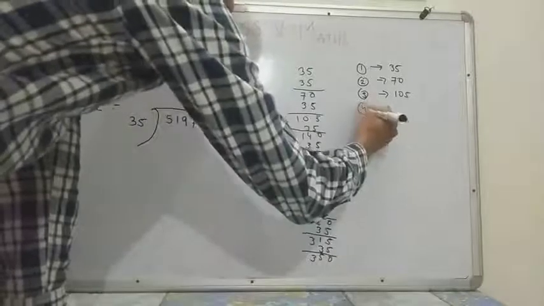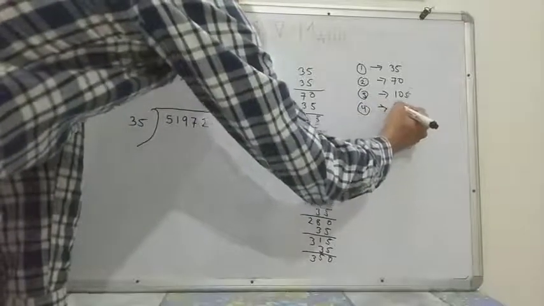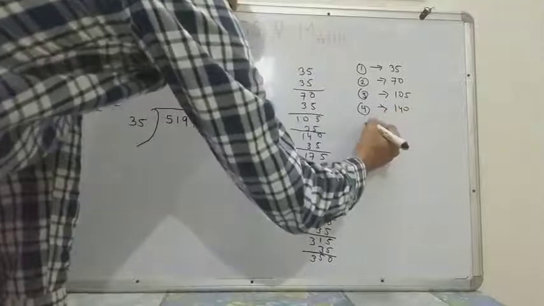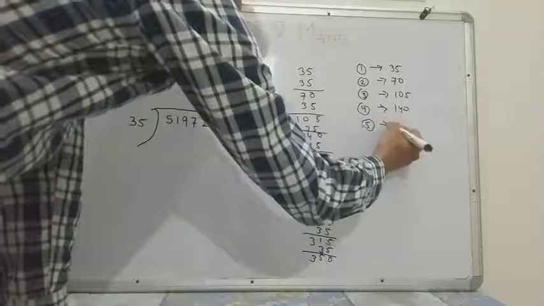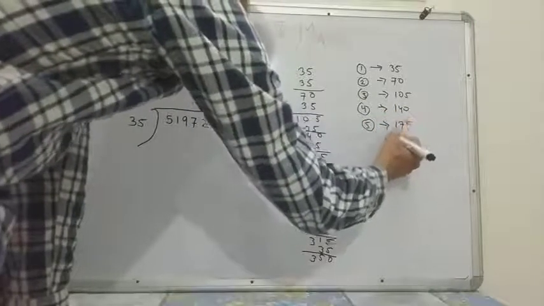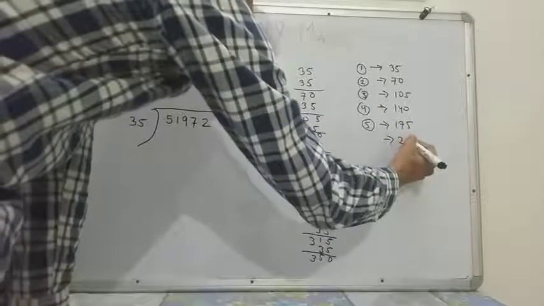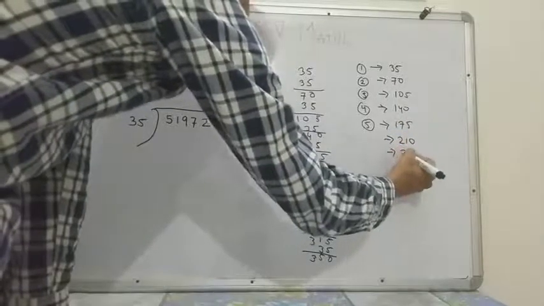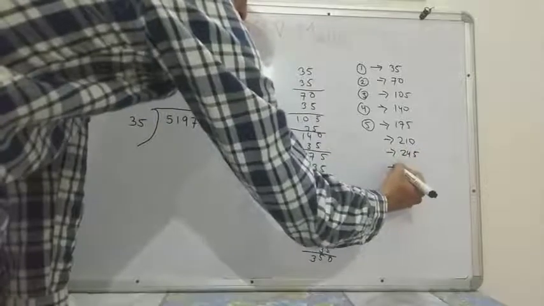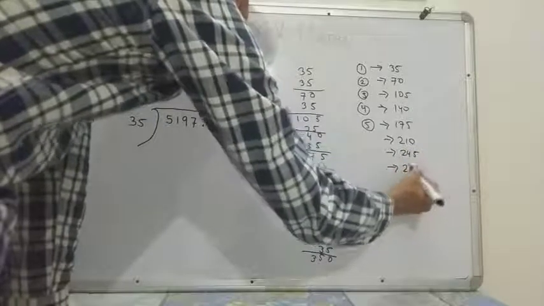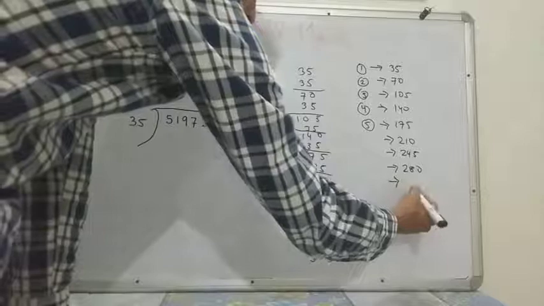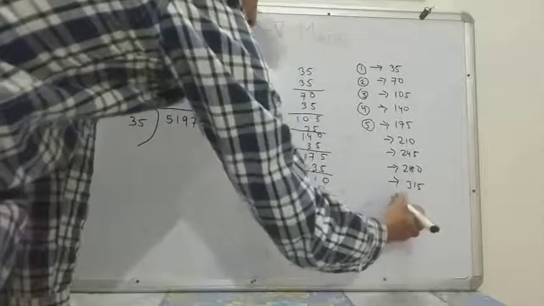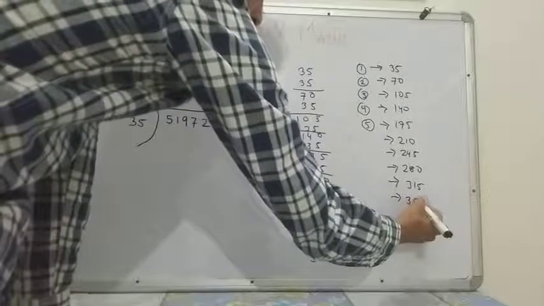35 times 4 is 140. 35 times 5 is 175, then 210, 245, 280, and 350.